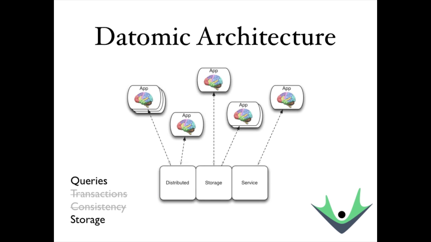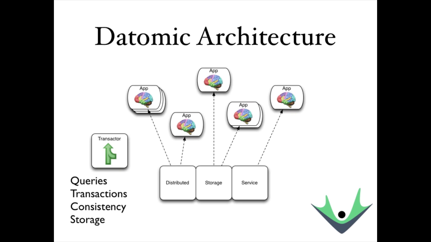The way we get that back is to stop having the applications write to storage and to change it so they can only read from storage, and to introduce a new component that we call the transactor. And the transactor's job is strictly to coordinate transactions and to facilitate the consistency there. And by introducing the transactor, we get back both transactions and consistency.